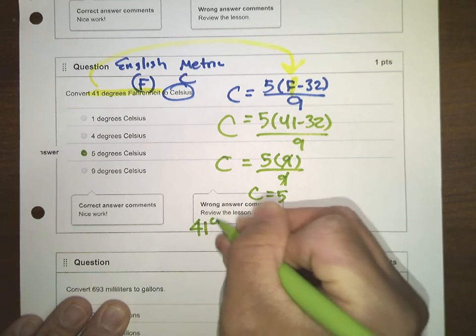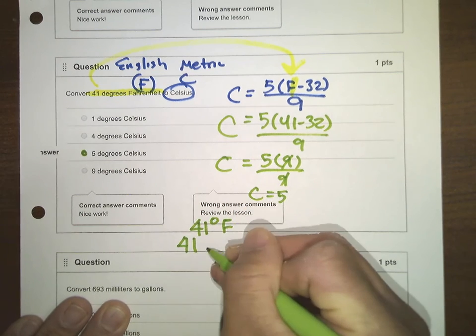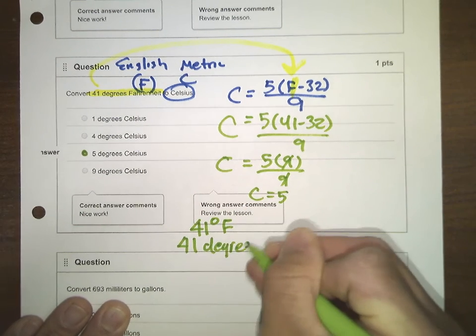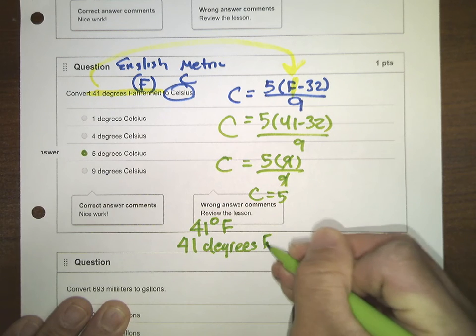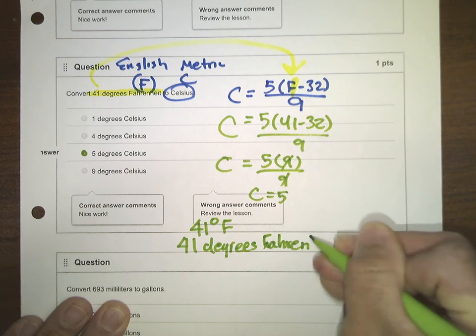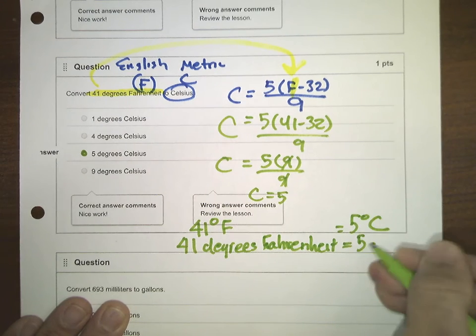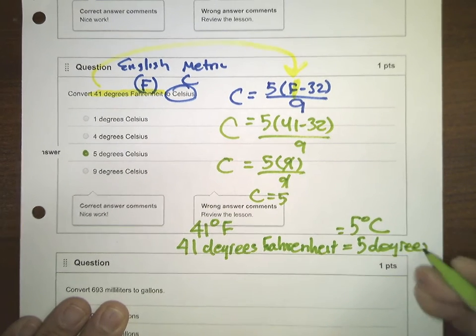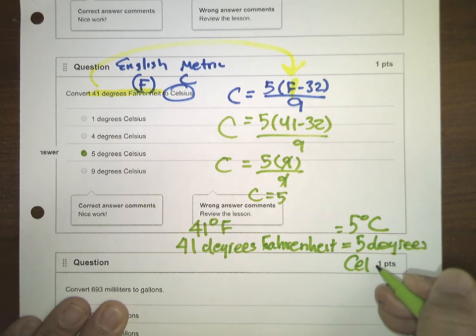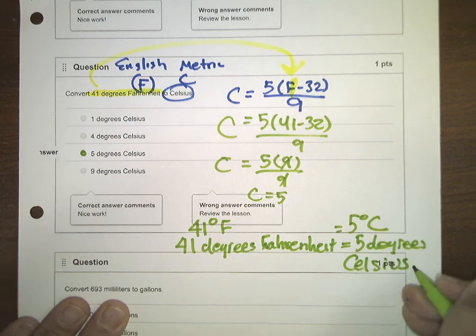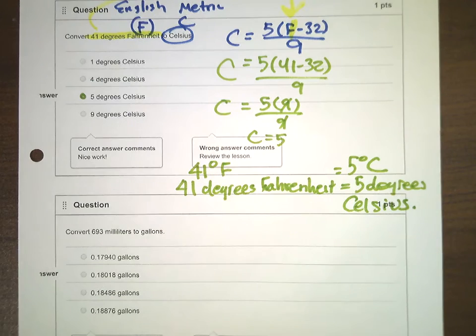I said 41 degrees Fahrenheit is going to be equal to 5 degrees Celsius when I write this all out in words. So here we go. There it is. So what a time to be alive.